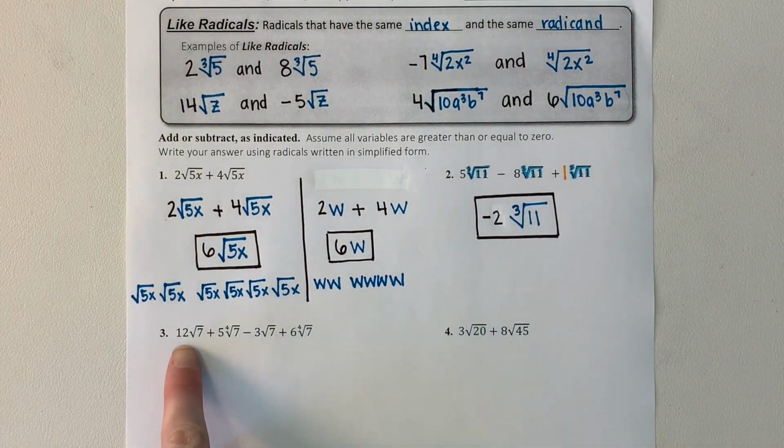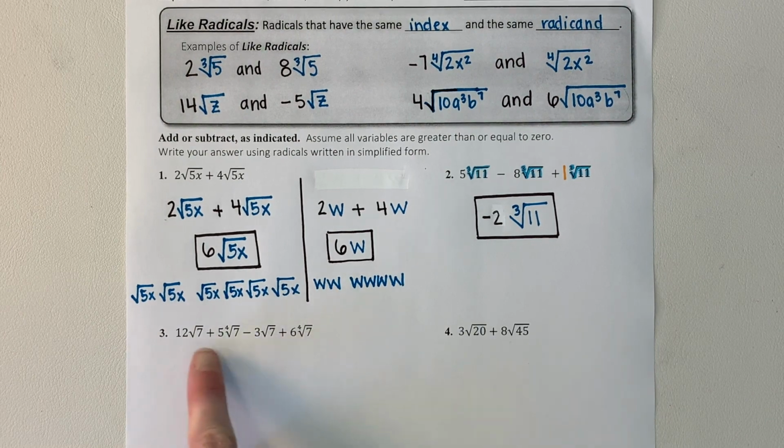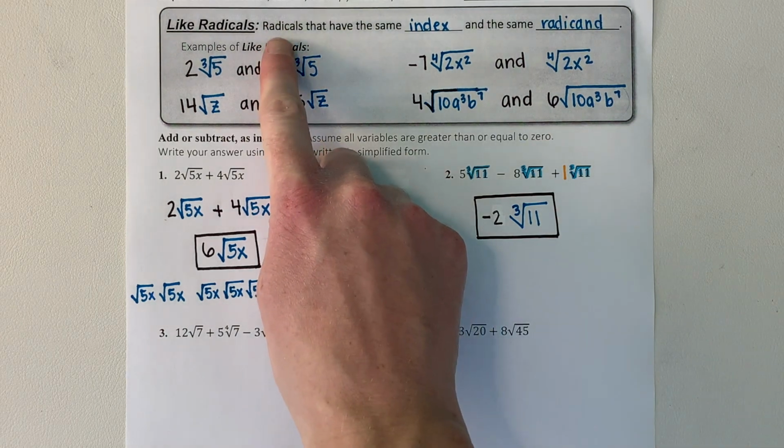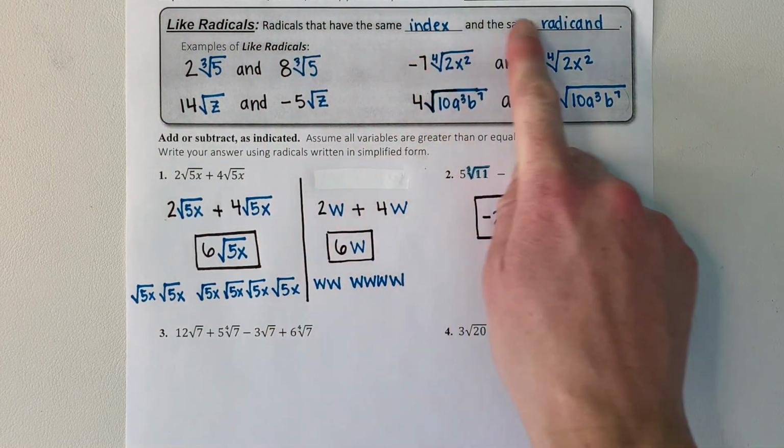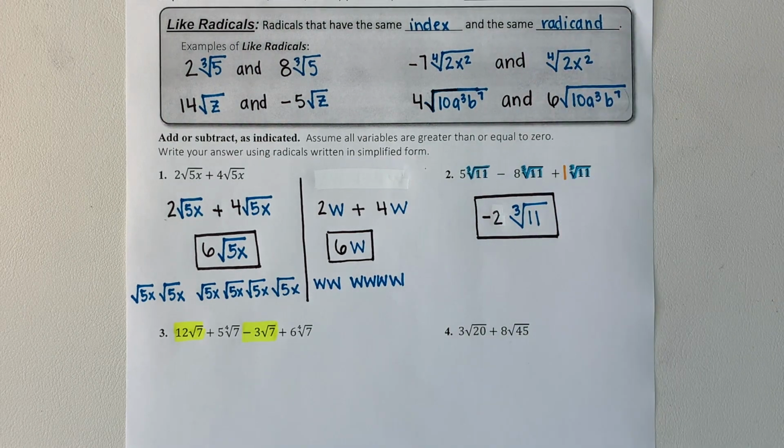Now for this example here, we have to look carefully. Are all of these like radicals? No, they are not. Because remember, with like radicals, the radicals must have the same index and the same radicand. To start, these are like radicals because they both have the same radical base, the square root of 7. So we can combine these like radicals.